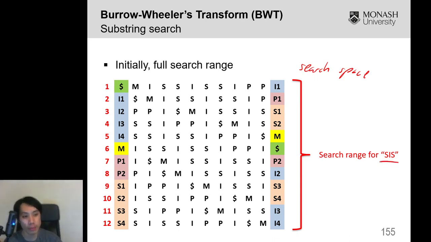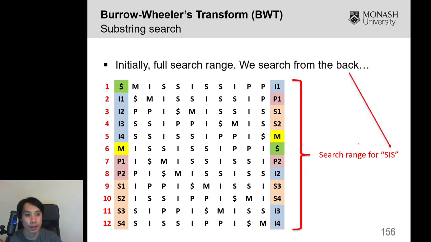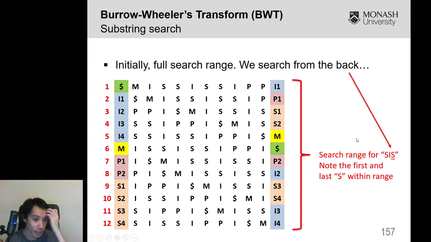When we search, we begin from the back to the front, because it's a cyclic relationship, and we know the last column is the last alphabet. So we search from the back. Let's look for the S inside my search space. The first S is over here, and the last S is over here. So the first S is at index 3, and the last S is at index 10.